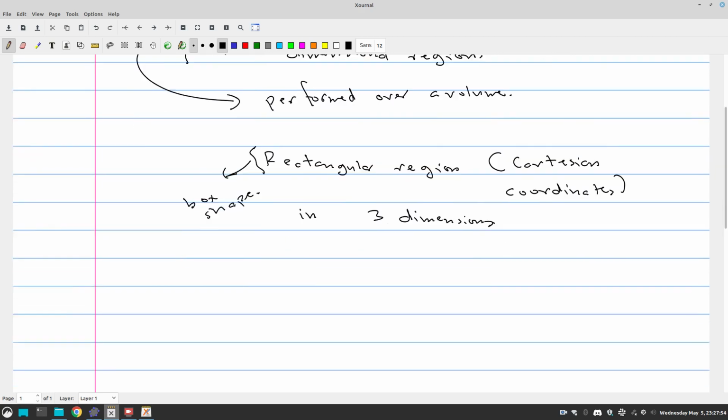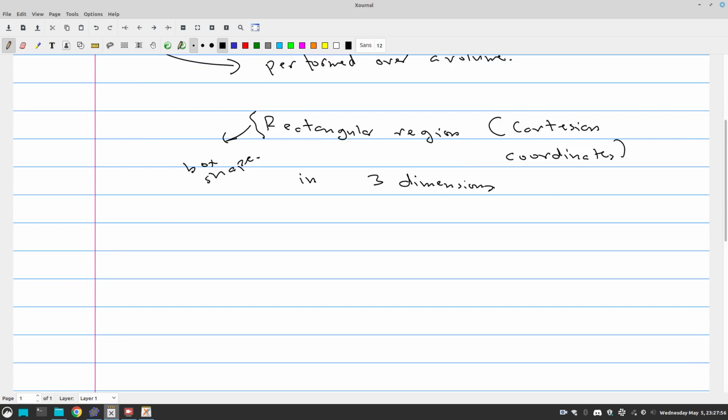So in three dimensions, instead of D, we'll call our region E. X, Y, Z: X goes from A to B, Y goes from C to D, and Z goes from E to F.